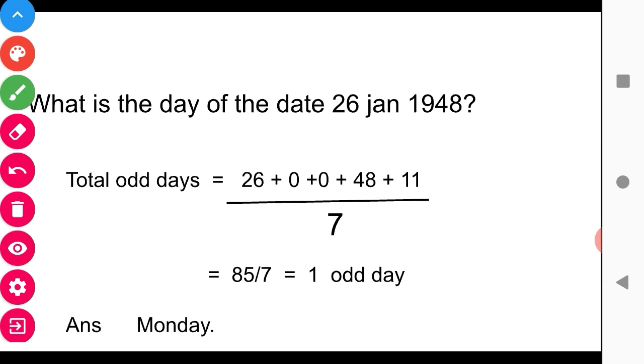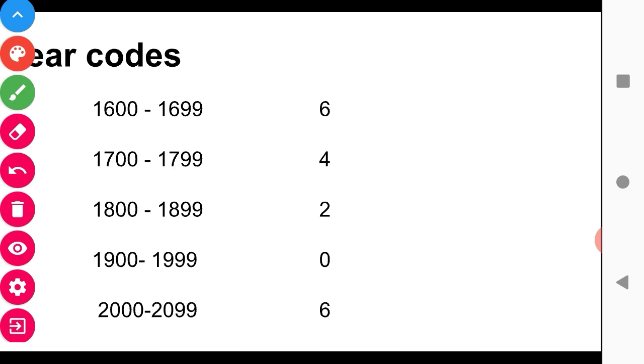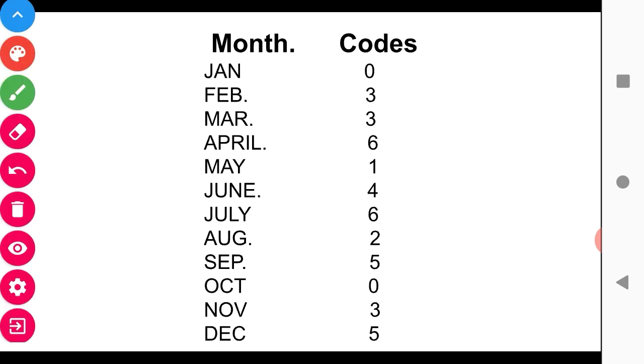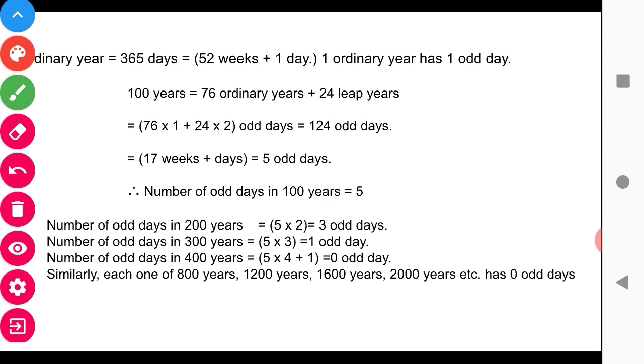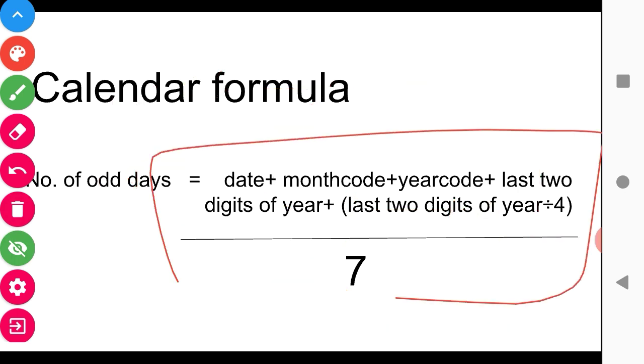So these are the year codes, 6420, and these are the month codes. In this way we are getting month codes and year codes. Actually, to fit in the formula, we are getting these month codes and year codes.